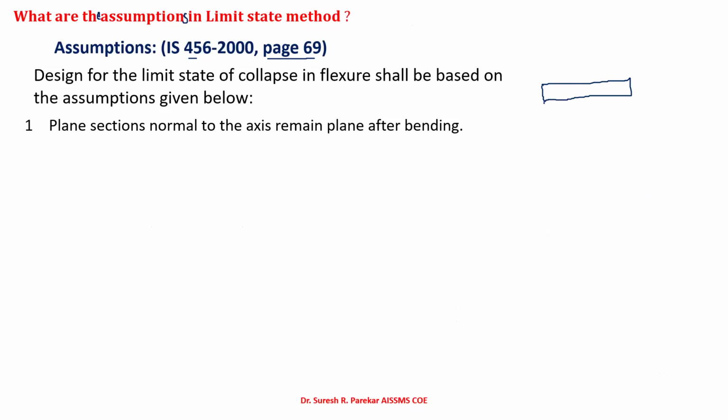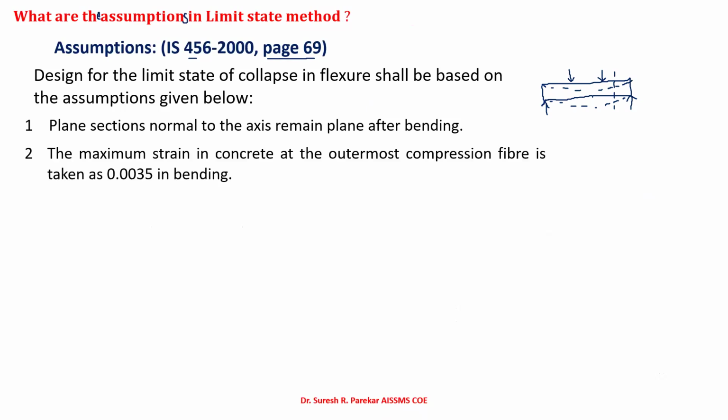If we have this beam and load is applied, it will bend like this, and then the cross section will not be rectangular because it is bent, but we are assuming it is. Then the maximum strain in concrete at the outermost compression fiber is 0.0035 in bending.